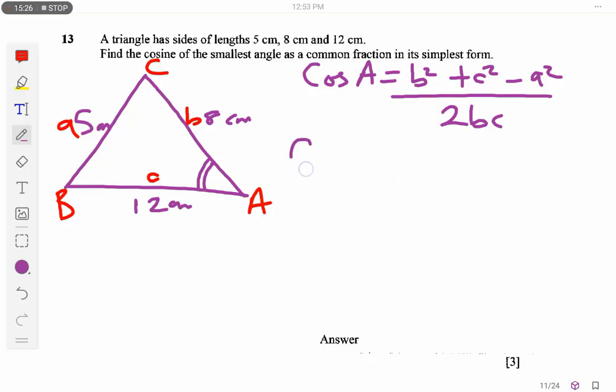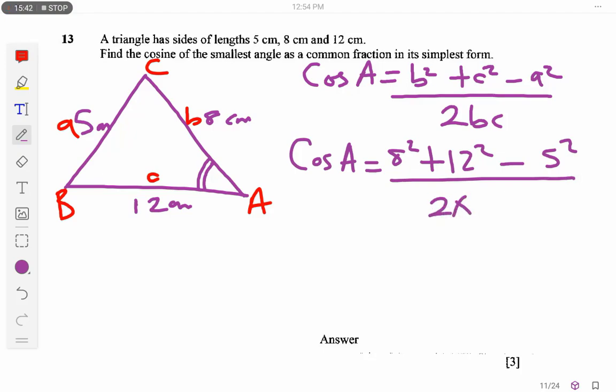So I'm going to have cos A is equal to my B, which is 8 squared, plus my C, which is 12 squared, minus 5 squared there, all over 2 times B, that's 8, times our C, 12 there.